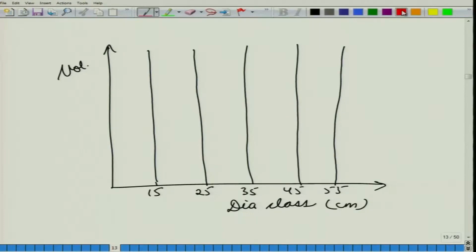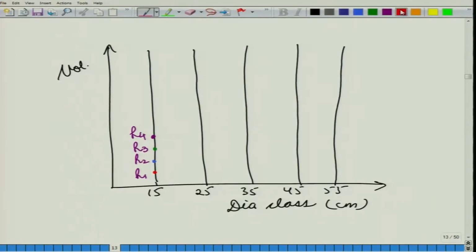So, with our general volume tables, we will have that for a 15 centimeter diameter, we can have a volume, say V1, for a particular height 1, then this for height 2, this is a value for height 3 and this is a value for height 4. So, this is height 4, height 3, height 2 and height 1.